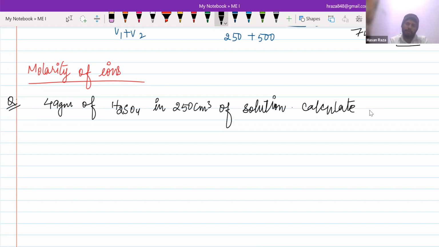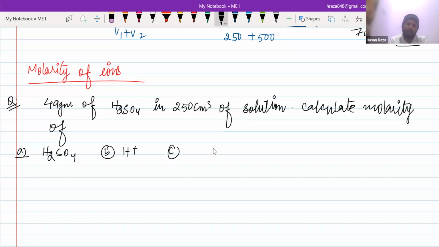Calculate molarity of: first, H2SO4, that means the solution; B, the ions, that means H plus; and C, the SO4 minus 2 ions. Now see how we are going to calculate.